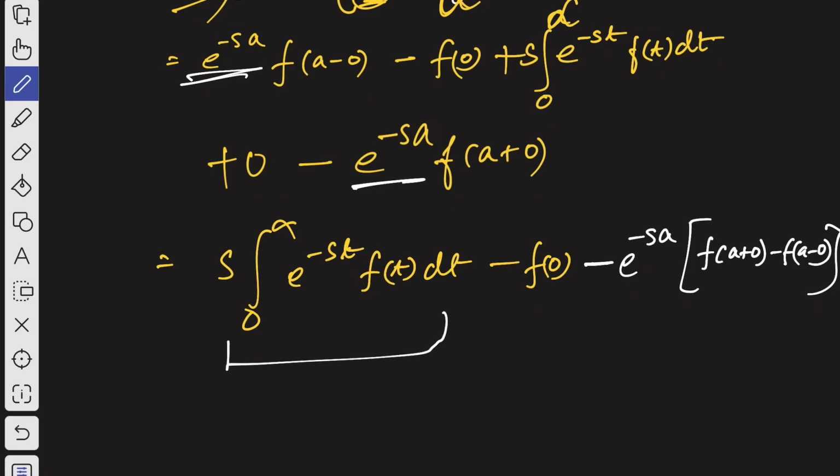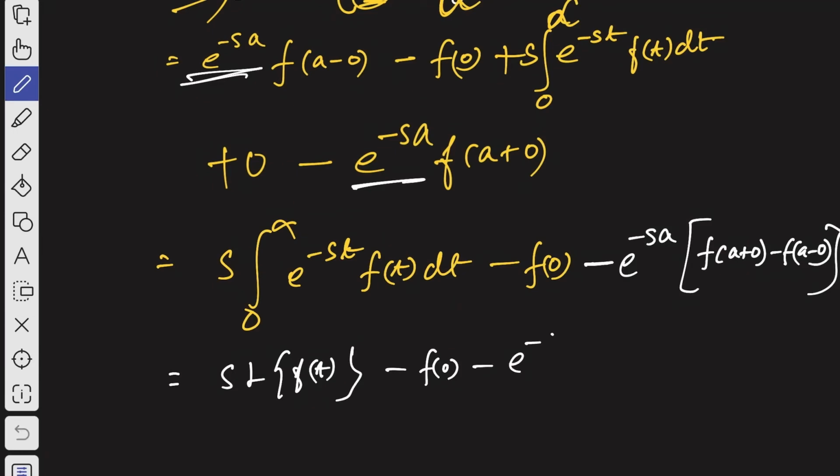Now you see, by definition of Laplace transformation, this should be Laplace transformation of f of t, right? So finally what we will get? S into Laplace transformation of f of t minus f of 0 minus e to the power minus sa into f of a plus 0 minus f of a minus 0. That's what we will get.